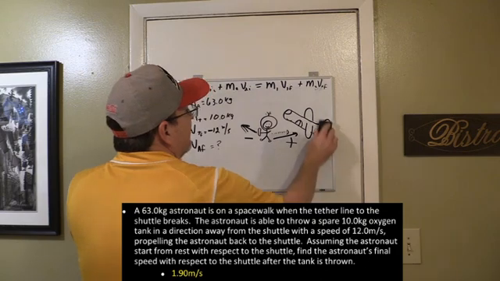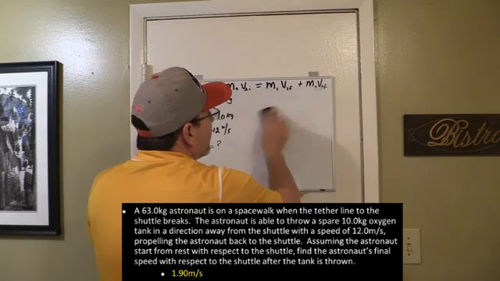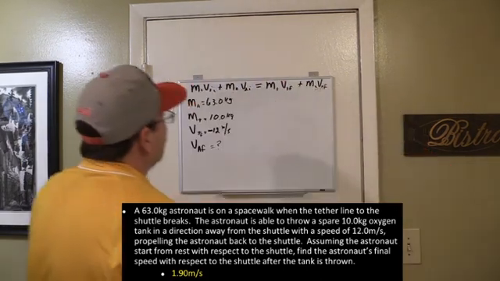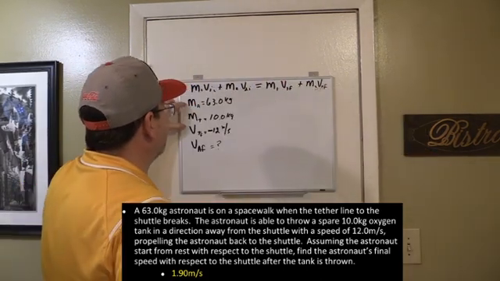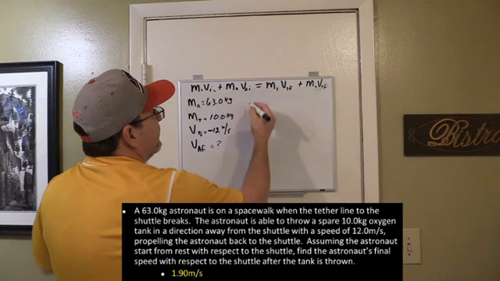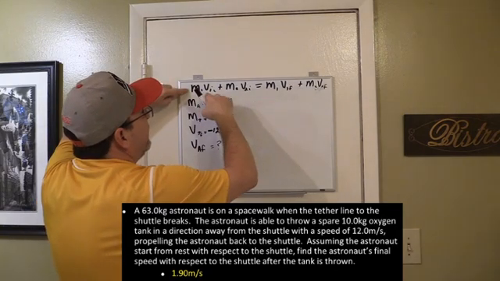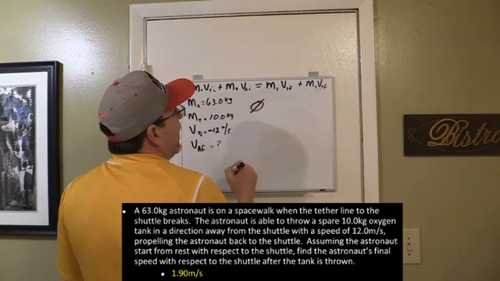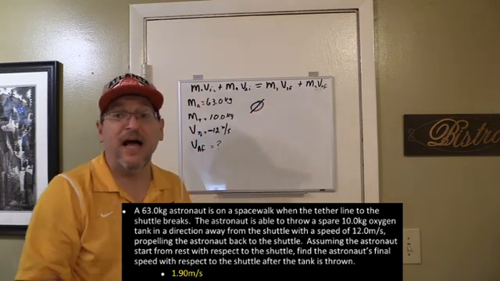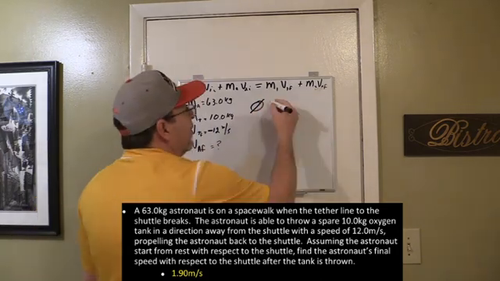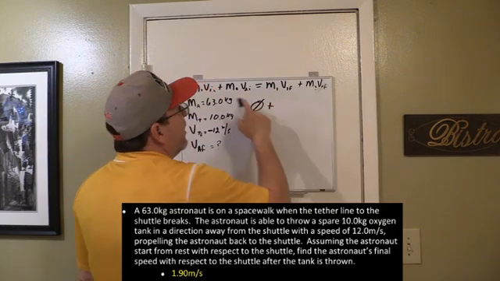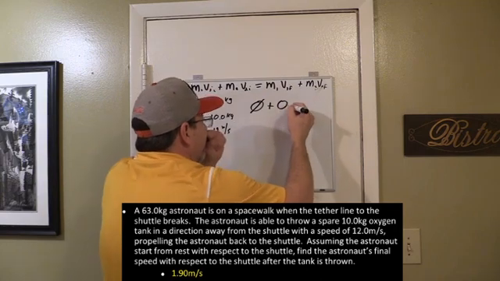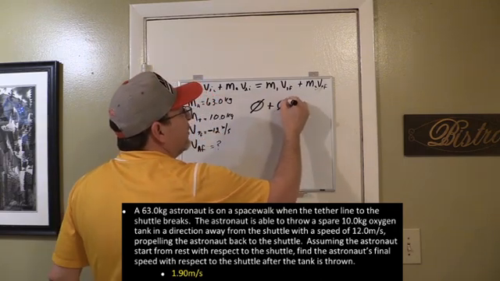All right, let me give this a shot. So mass times velocity. The first part, mass 1 times v1, is going to be 0 for the astronaut, because his velocity is 0. Plus, for the tank, mass times velocity of the tank is also going to be 0.